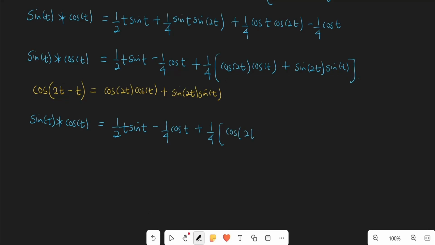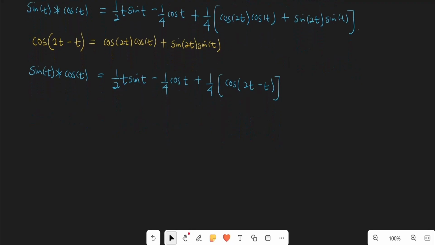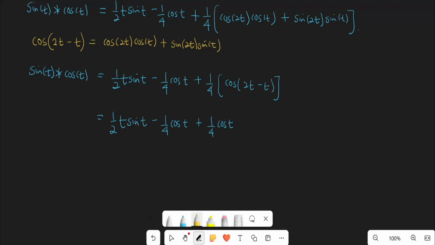This is cosine of 2t minus t, and cosine of 2t minus t is cosine of t. So this one is going to be 1/2 t sine of t minus 1 over 4 times cosine of t plus 1 over 4 times cosine of t, because this one is cosine of t. And we see that these guys will wipe each other out, and now what is left is the answer.